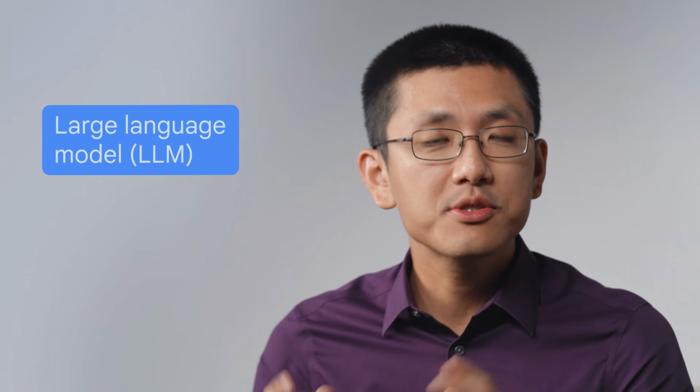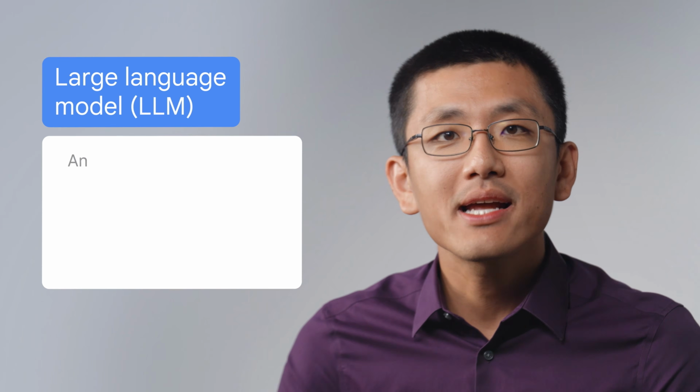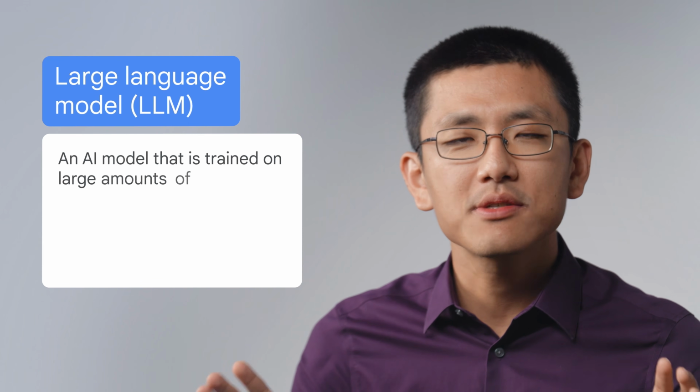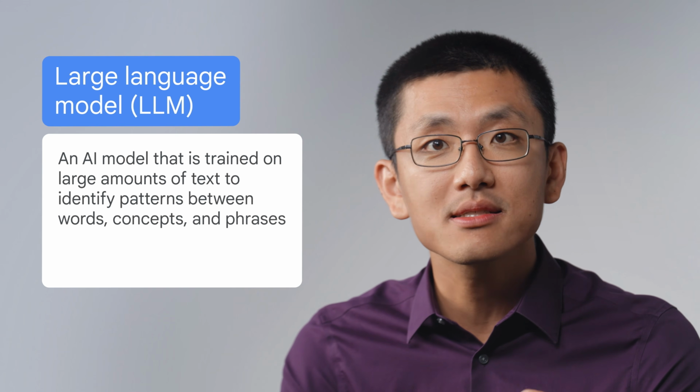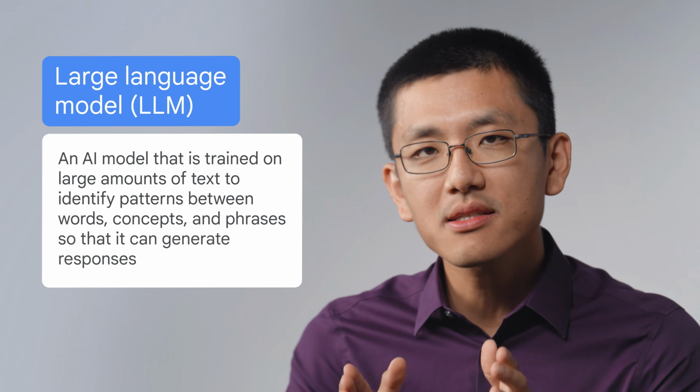It's helpful to understand how LLMs work and to be aware of their limitations. A large language model, or LLM, is an AI model that is trained on large amounts of text to identify patterns between words, concepts, and phrases so that it can generate responses to prompts. So how do LLMs learn to generate useful responses to prompts?